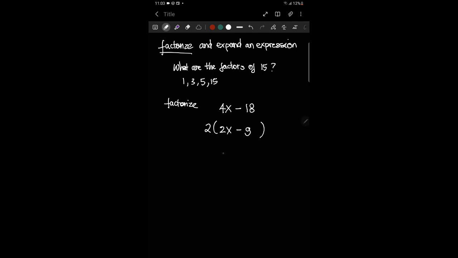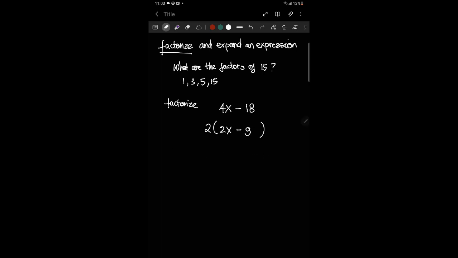And then negative 18 divided by 2 is 9, so it will be negative 9. Is there any other factor that can be taken out from these terms? No. 2x minus 9, they don't share any other factors except 1, which doesn't give any impact, right?